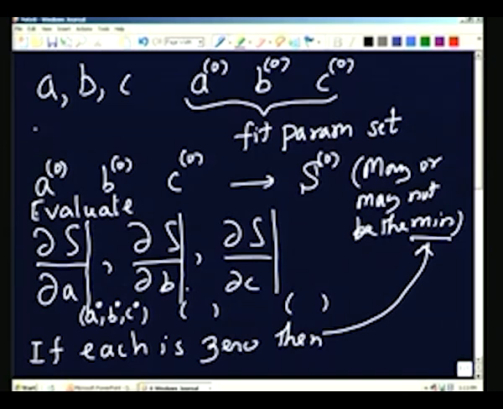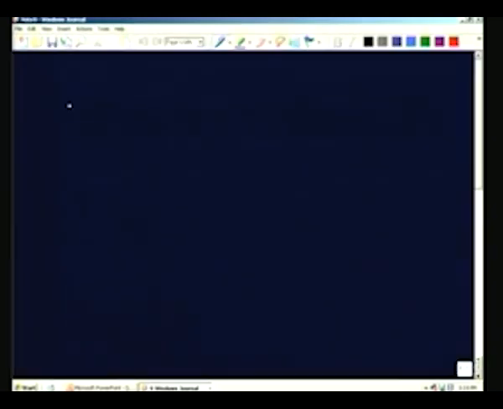So, let us look at these partial derivatives slightly more closely and look at a Taylor expansion. For example, y is a function of A, B and C. I am talking about the parameters.